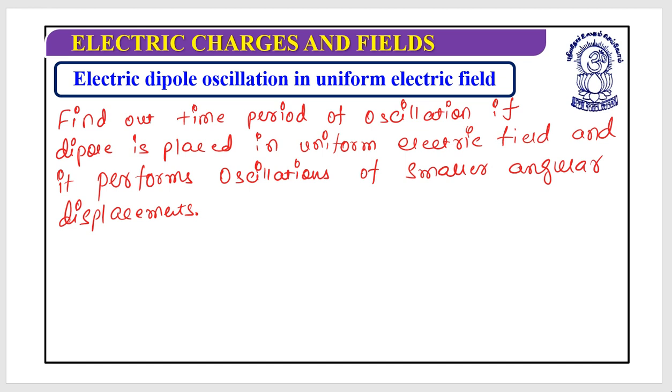So how will you do this? Let's say the situation would be something like this. Let's say this is minus charge, this is plus charge, this is the dipole, and maybe the electric field will be in this direction, so it will start oscillating like this, plus q minus q.